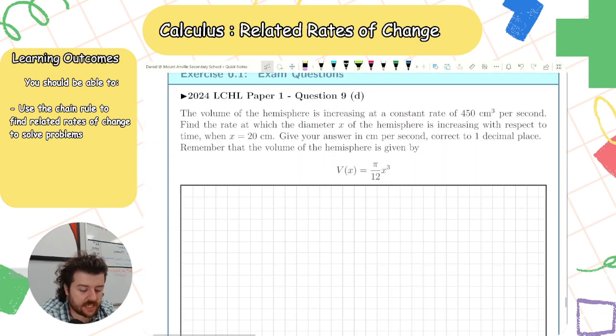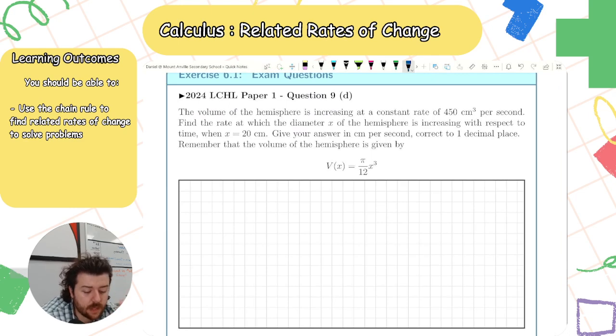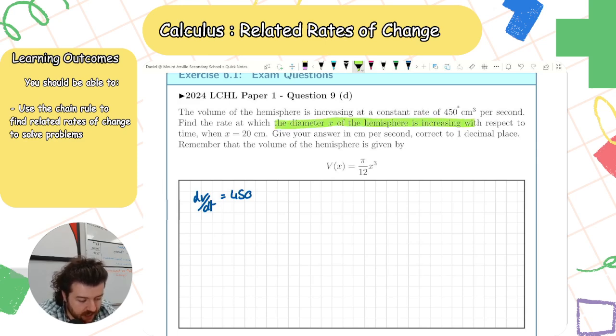Right, so let's look at some example questions here. 2024: the volume of a hemisphere is increasing at a constant rate of 450. So I know dV/dt is equal to 450. And what I'm looking for is the rate at which the diameter x of the hemisphere is increasing.